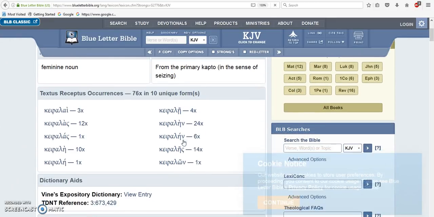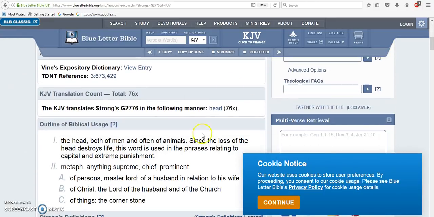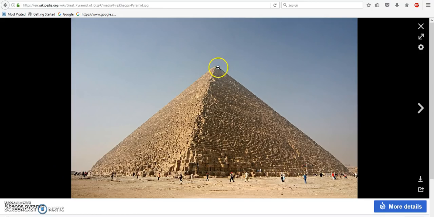And as I've mentioned before, the height of the pyramid is estimated at 5,776 inches with the capstone. And so this would match up with the head of the corner, which is Strong's number 2776.